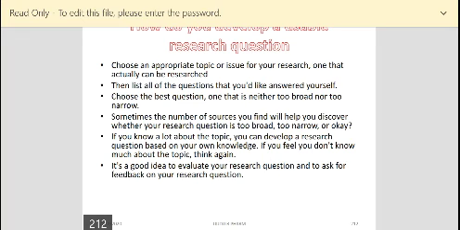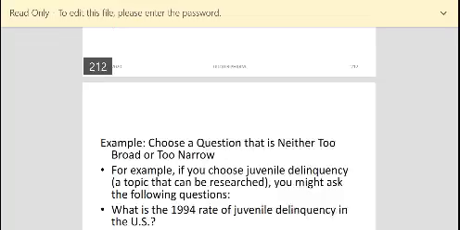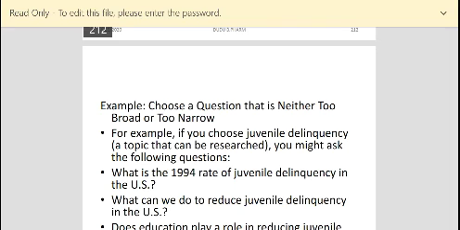If you know a lot about the topic, you can develop a research question based on your own knowledge. If you feel you don't know much about the topic, think again. So it's a good idea to evaluate your research questions and to ask for feedback on them. Example: choose a question that is neither too broad nor too narrow.